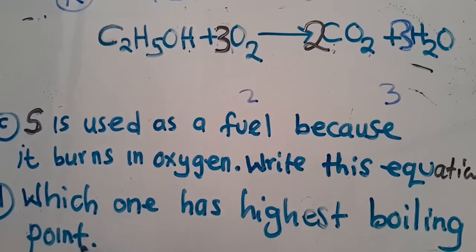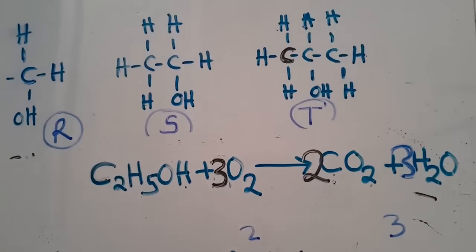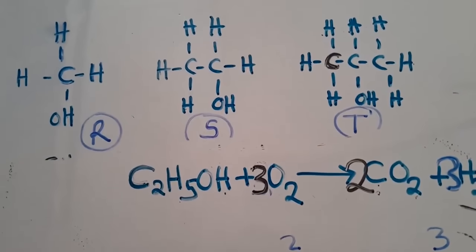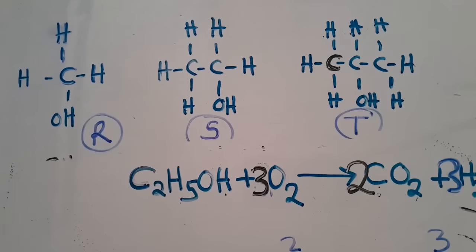Then we are done. Which one has the highest boiling point between these 3? So we go back to the question. How do we check that this one has got the highest boiling point? The number of chains. The one with the longest chain has got the highest boiling point.